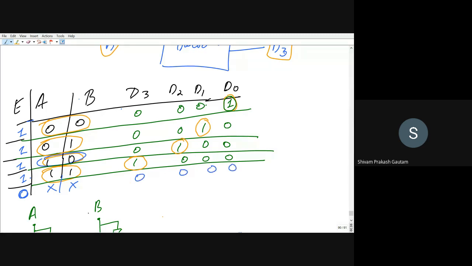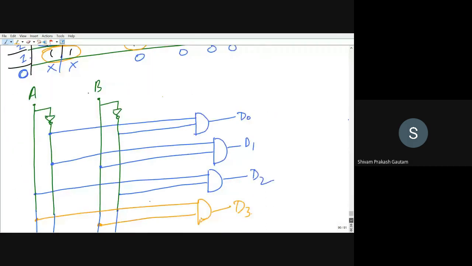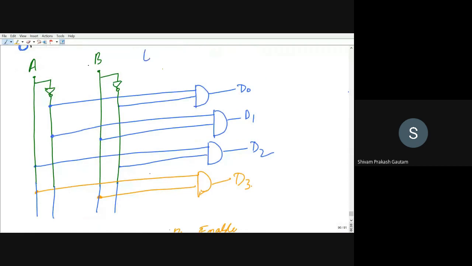Is it okay? Just see. Now, if you want to see this in logic, what I can do is write E here, and I can have its line as well. And I can pass this E to all the AND gates here. Whenever this E is equal to 1, then only this will pass to an AND gate.